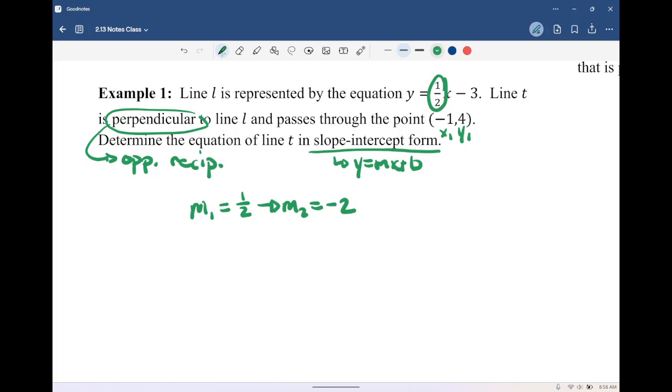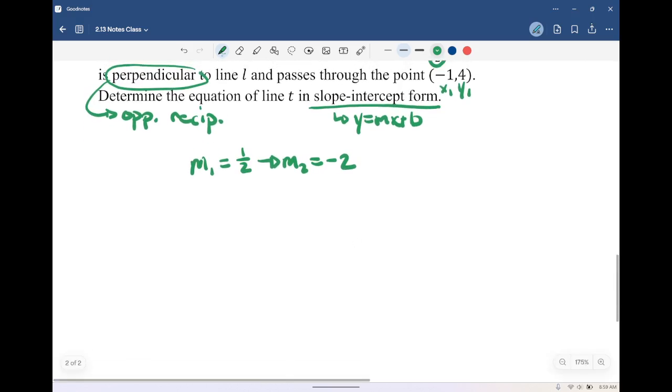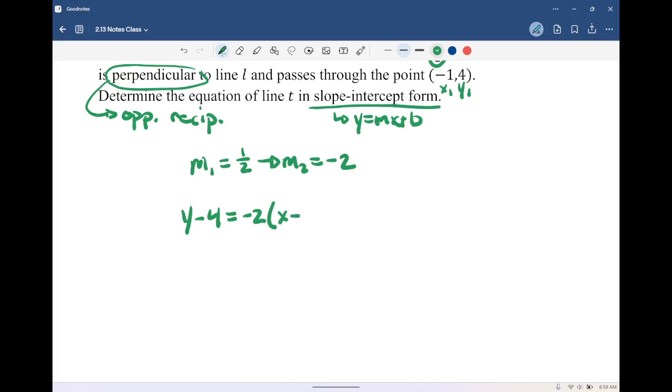And so when I create line L, the slope has to be -2. And so I'm going to have y minus 4 is equal to -2 times x minus a -1. Let's clean up the double negative. Everybody, double negative turns into a plus. Okay. And so y minus 4 is equal to -2 times x plus 1.